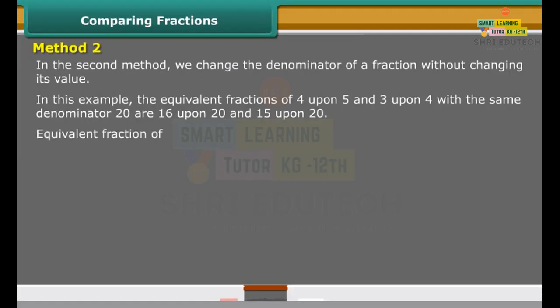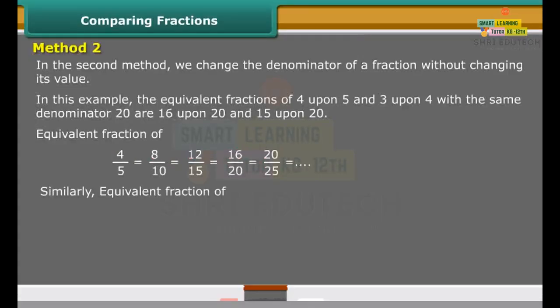Equivalent fractions of 4/5 are 8/10, 12/15, 16/20, 20/25 and so on. Similarly, equivalent fractions of 3/4 are 6/8, 9/12, 12/16, 15/20, and so on.